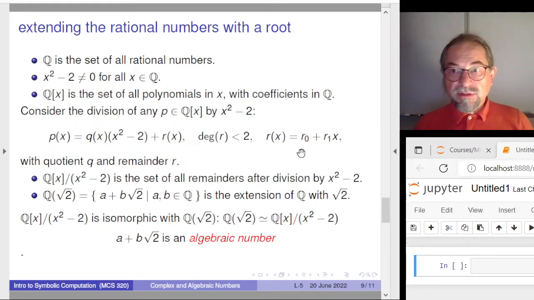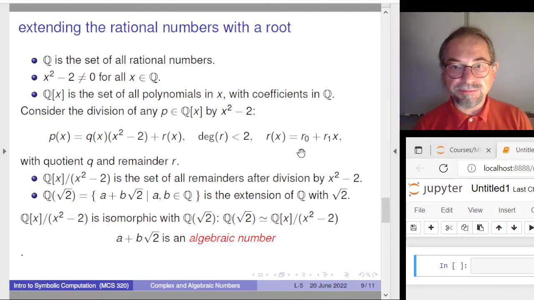So because the remainders are of degree strictly less than 2, the numbers in this extension field are actually tuples of two elements. So we have now defined our first algebraic number.